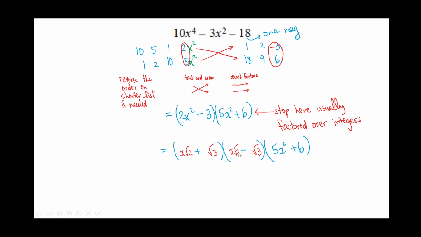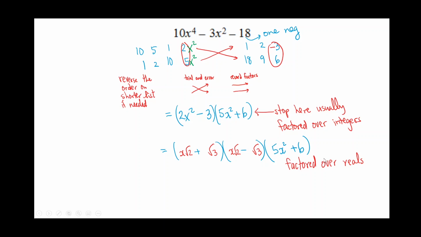Root 2 times root 2 is root 4. Root 4 is just a 2. Now, why I place the x in front? Because if I placed it after, then it's going to look like potentially that the root is also on the x. So try to put the root part as the last in the term. Okay, so that would be factoring over reals, or these are irrational numbers, but they're part of real numbers.